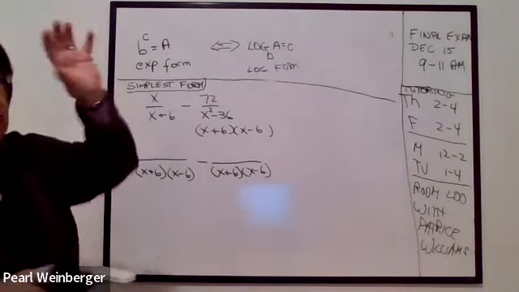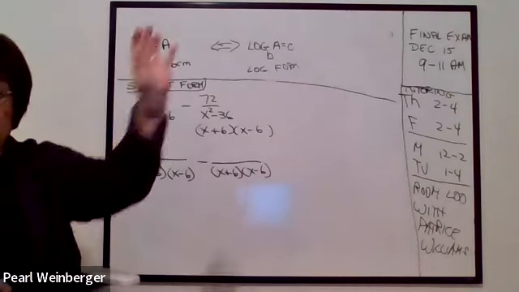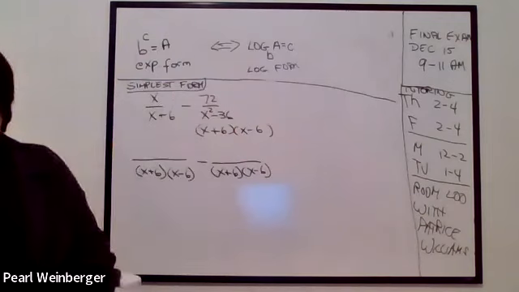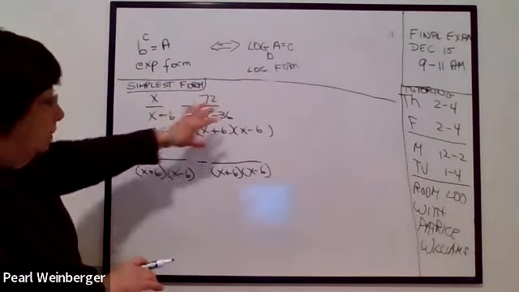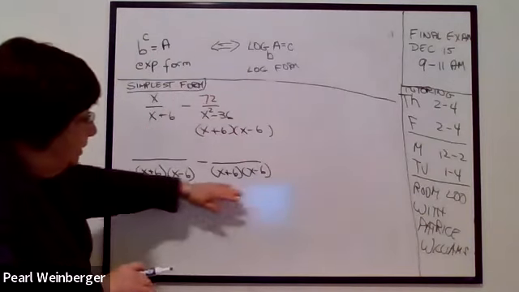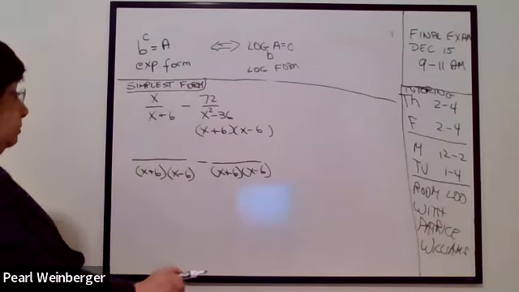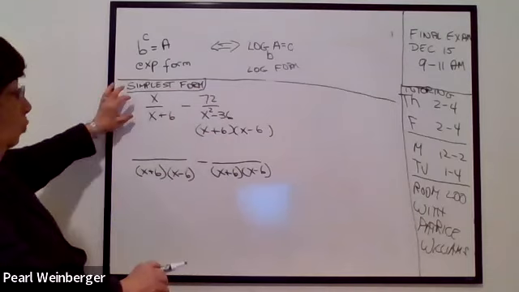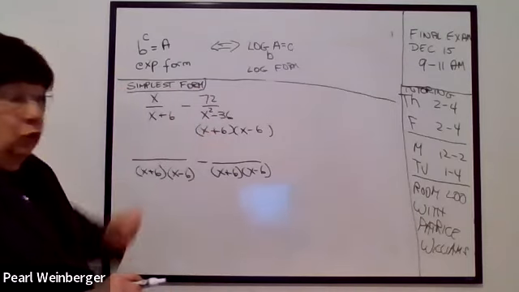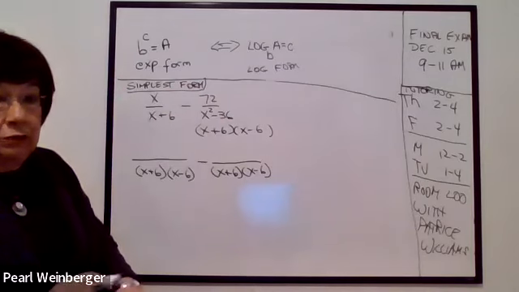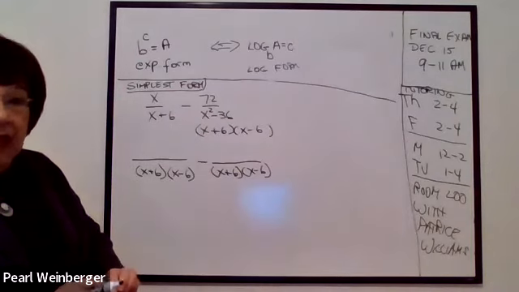In solving an equation, you take the common denominator, put it over 1, and distribute it. But you can't do that over here. You're just going to end up with both of these factors in your denominator.